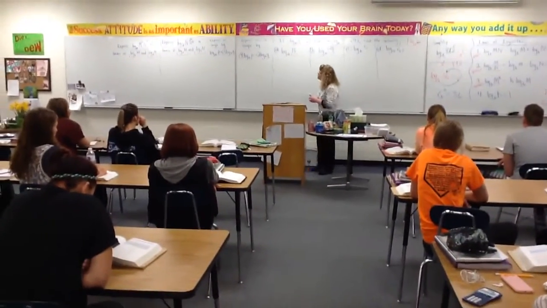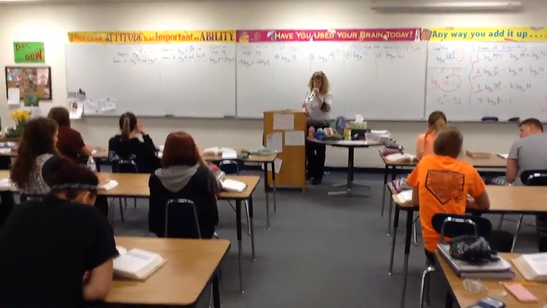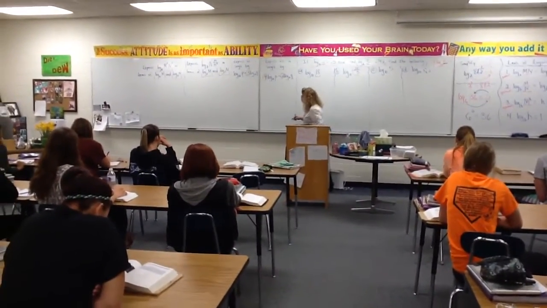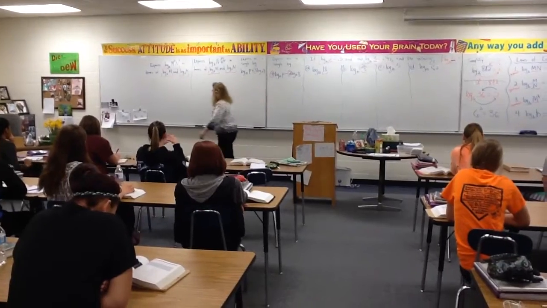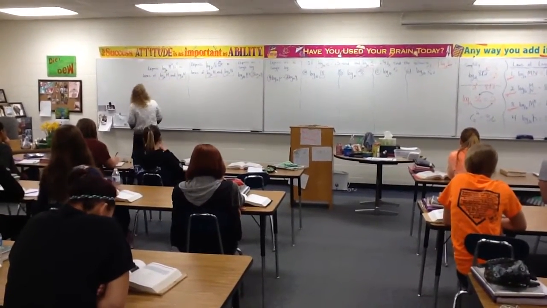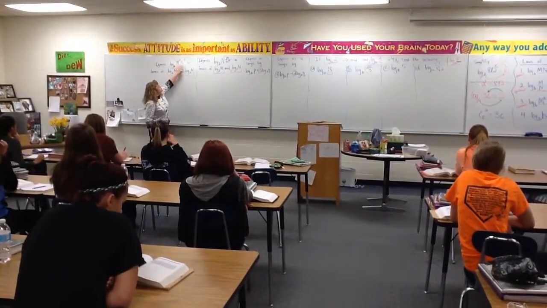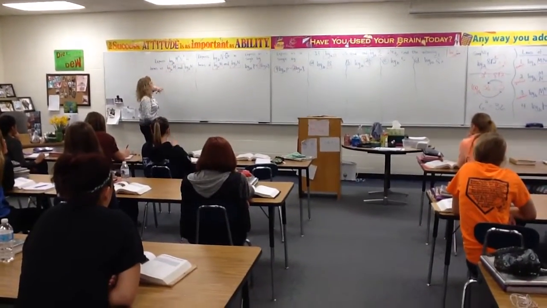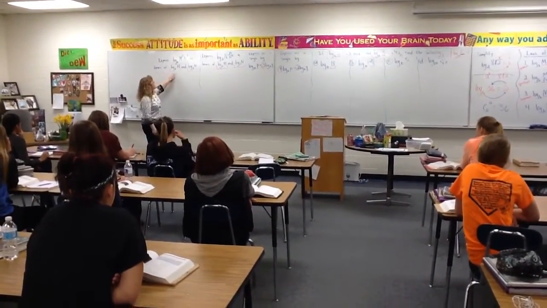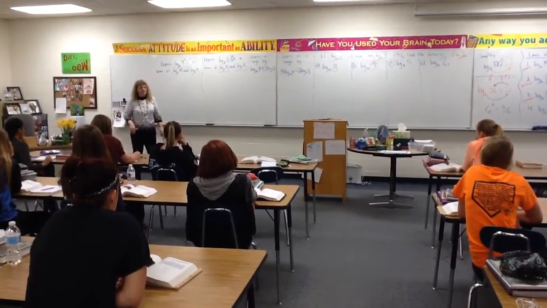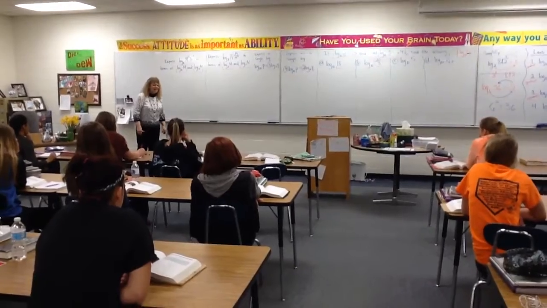So starting way down there, you're going to use the laws to do a couple different things. This one says you're supposed to start with this m squared, n to the third, take the log, and you want to rewrite that as separate logs. You want to break it apart and write it as log of m and log of n.